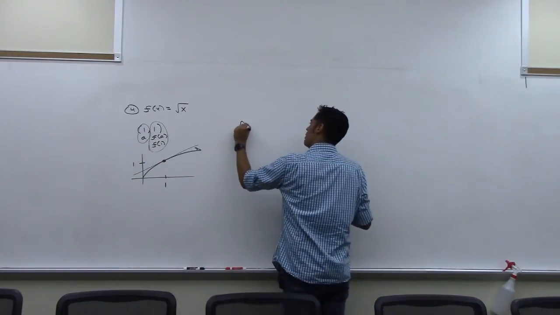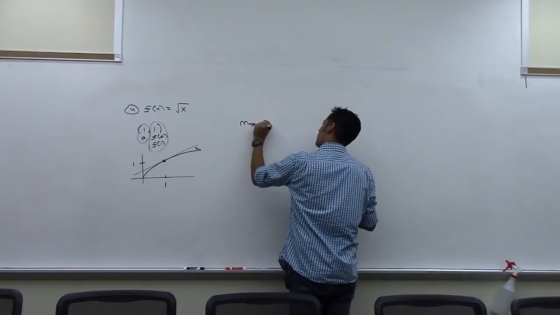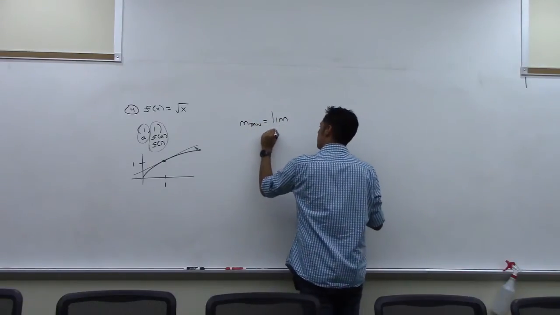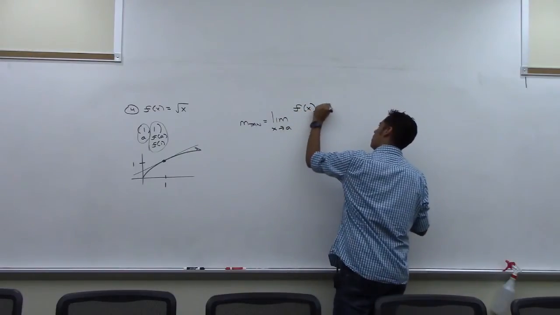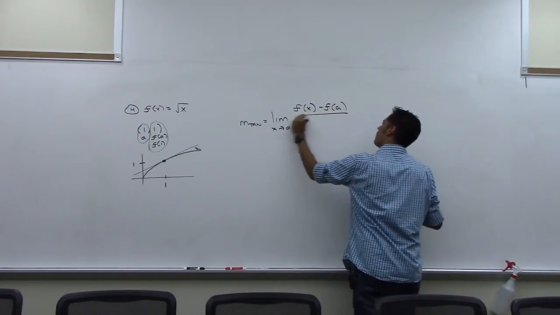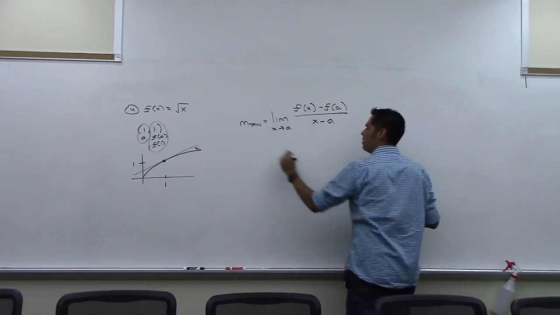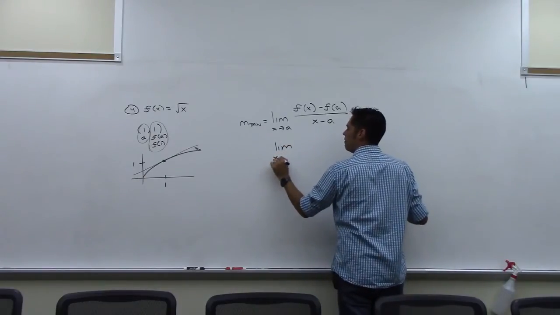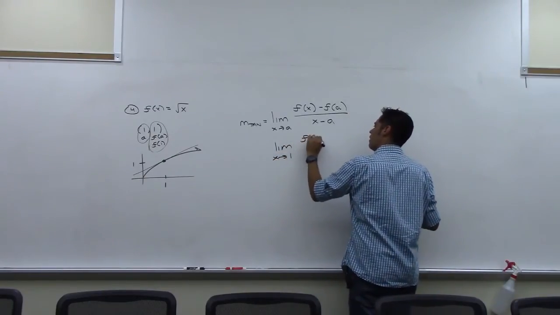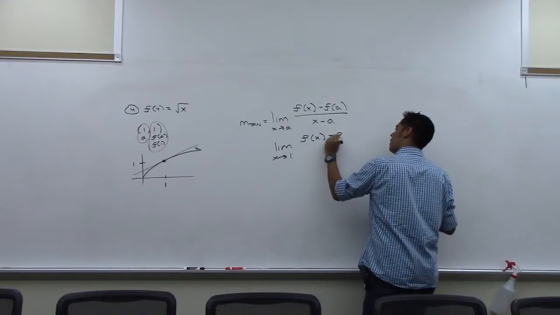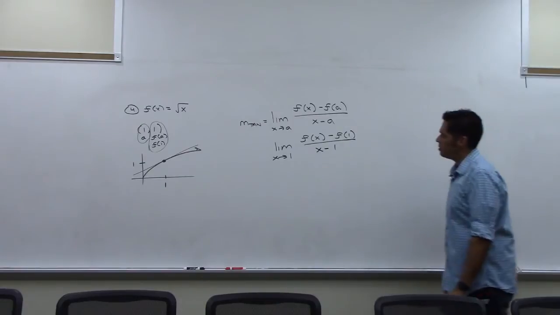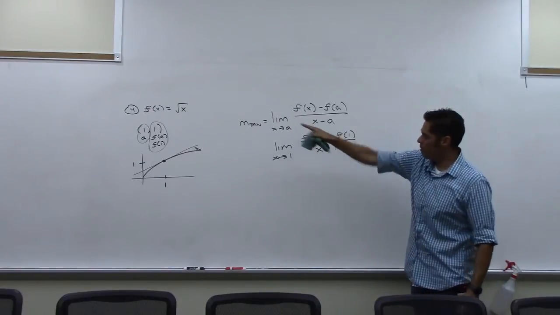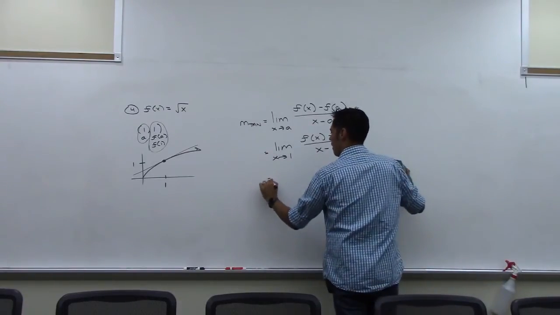So I know that the slope of the tangent line will be equal to the limit. Let me use the first one since I used the other one for the last problem. I'm going to replace all my a's with 1, and I'm going to replace f of x with whatever f of x is.